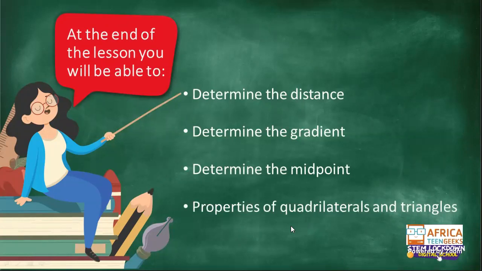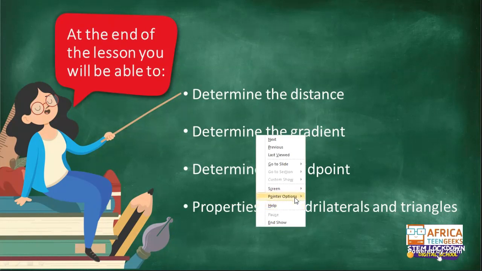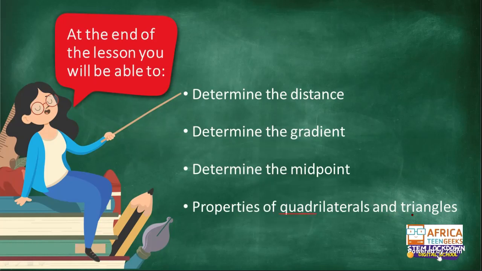I'm suggesting that you also review properties of triangles in case you have to prove something and you can use triangles to help you with the proof. So just look into properties of quadrilaterals and triangles in case you can use that to help you.